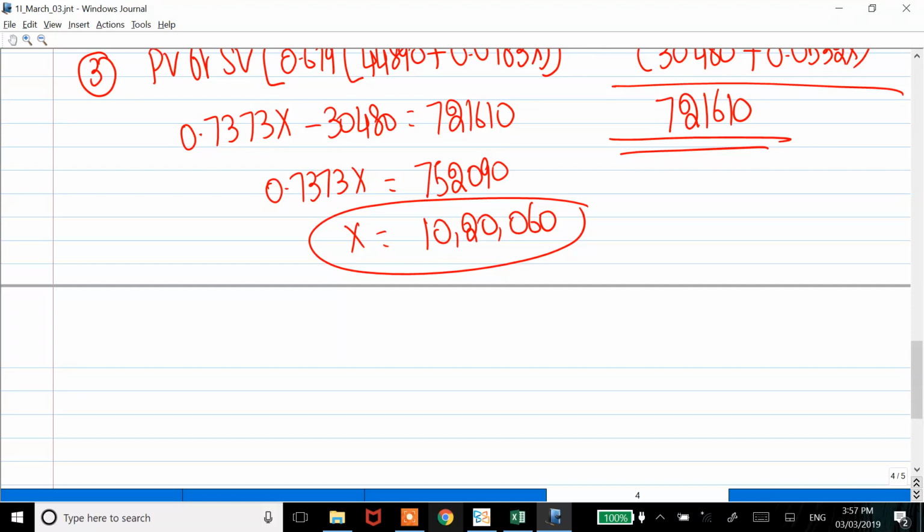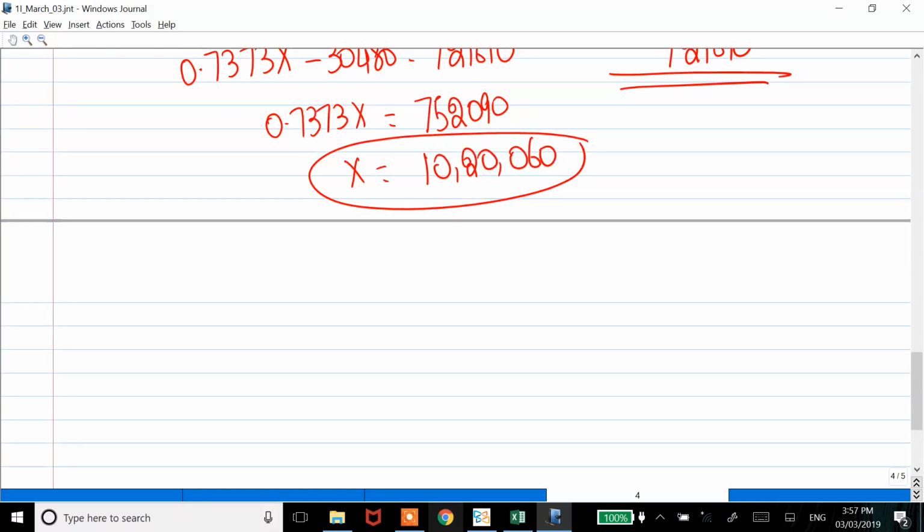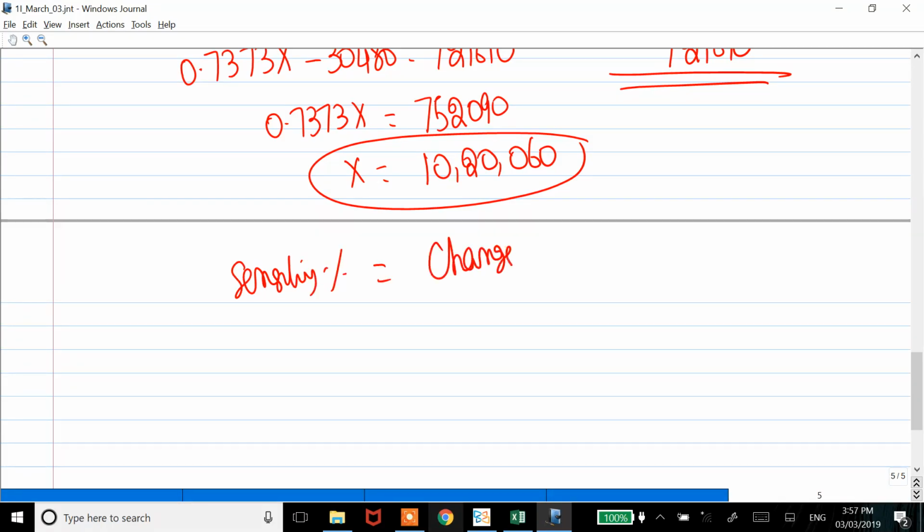Sensitivity percentage is equal to change by base into 100.